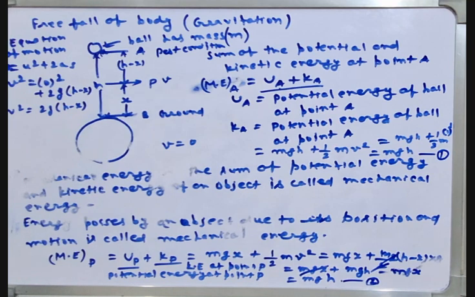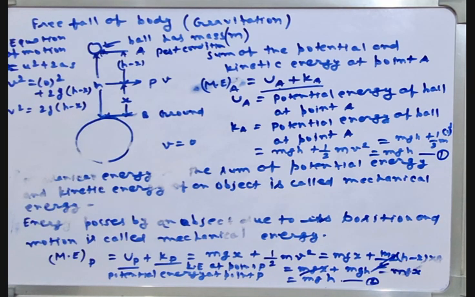So it fulfills the law of conservation of energy, meaning whatever the energy of this system is initially, after passing time, or traveling distance h minus x, its energy is also mgh.